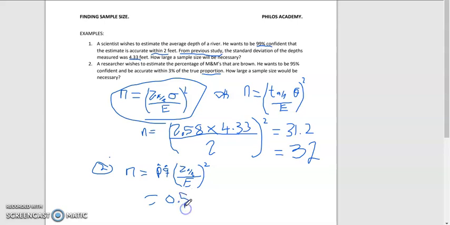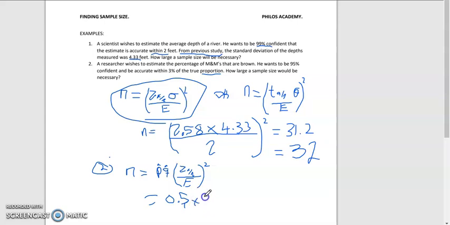But if the question gives you P hat, say 40%, that's 0.4, and you subtract it from 1 to get Q hat. But if it hasn't given you either, you use 0.5 for P hat and 0.5 for Q hat.